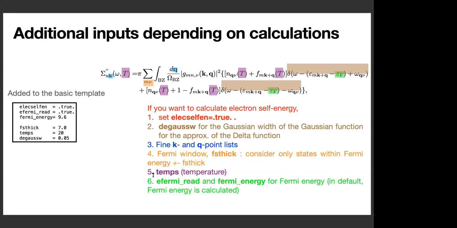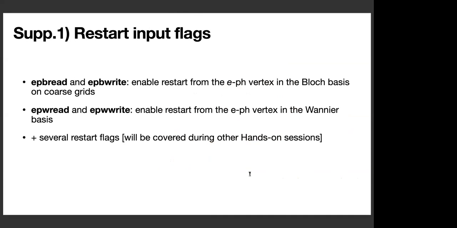In this case, you need to set the fermi_read input keyword to true, and also you need to specify the fermi_energy input keyword. And yes, this is the supplementary information.